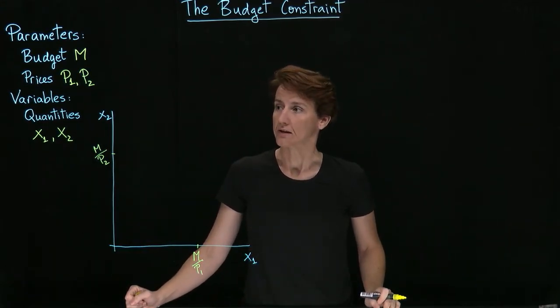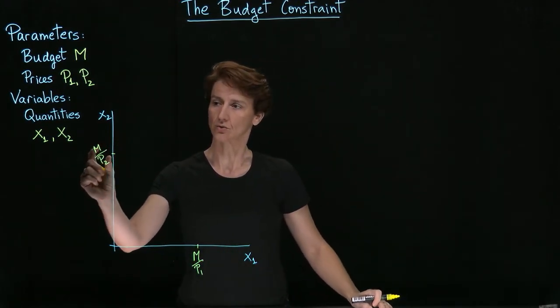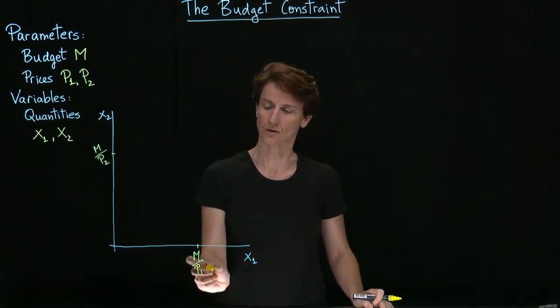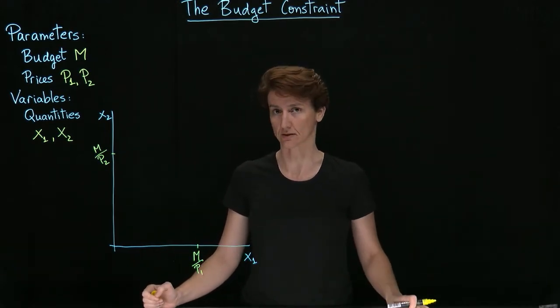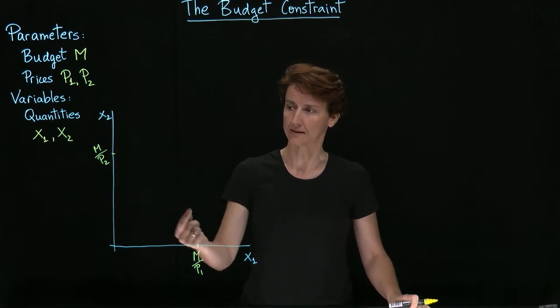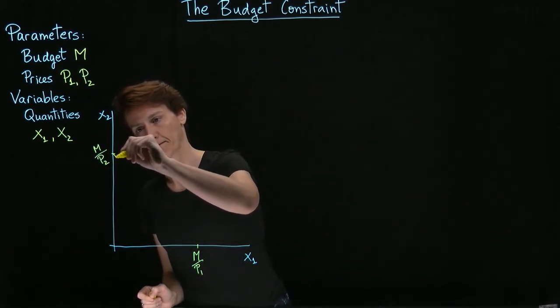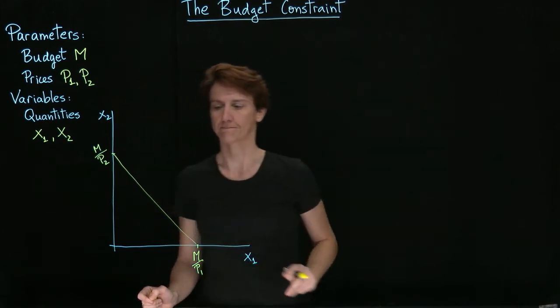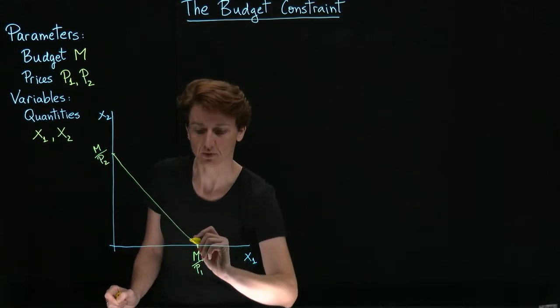Everywhere in between, the rate at which he exchanges good 2 for good 1, or good 1 for good 2 going in this direction, is constant because prices are constant. And so we should expect the budget line to be a straight line. Now, the slope of the budget constraint is an important one.